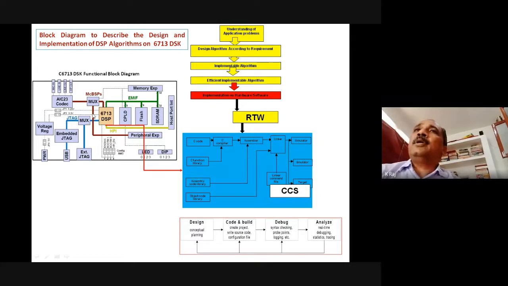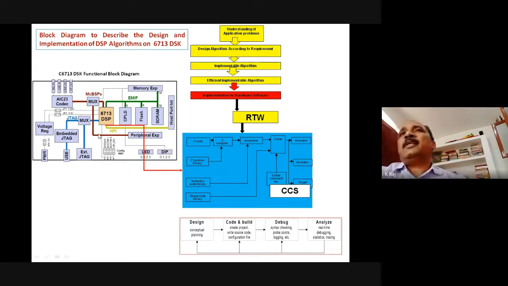And another channel is considered through the peripheral expansion, and these two channel signals are multiplexed using the concept of the multichannel buffered serial port, and then it is communicated to the digital signal processor.